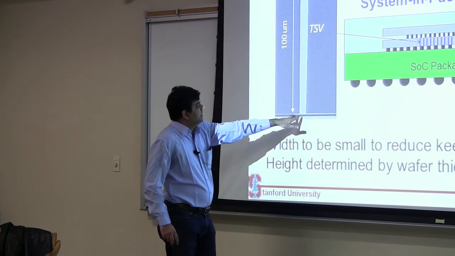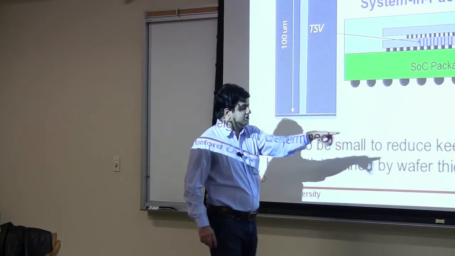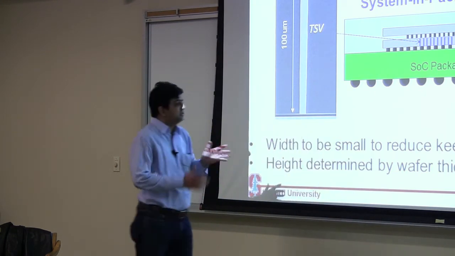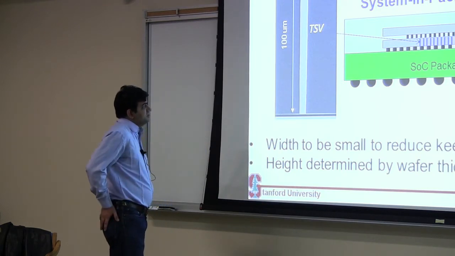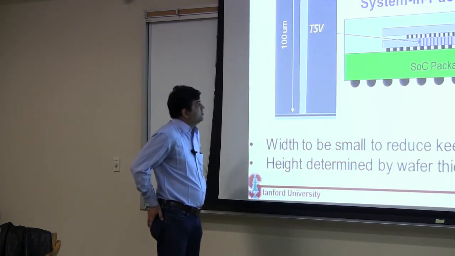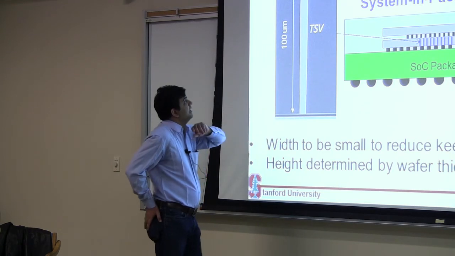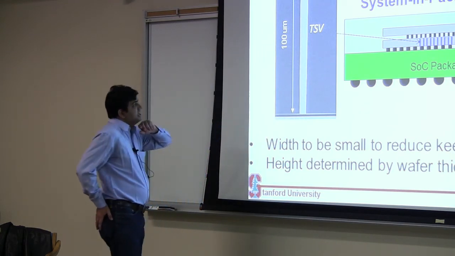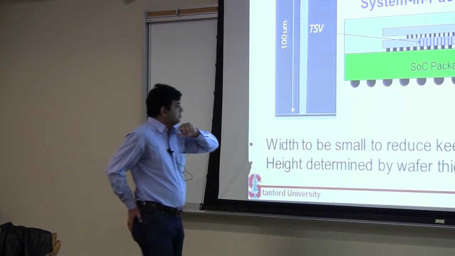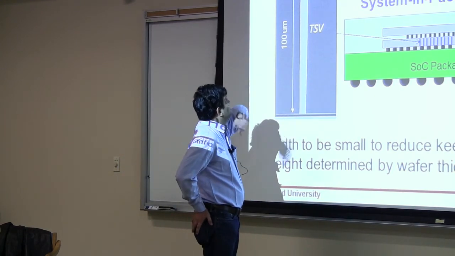And then you want them to be as small as possible because you want to minimize your layout penalty. If you have these vias very large, they'll consume a lot of area on your chip. So you want them to be as thin as possible. And so that essentially results in a very high aspect ratio again.